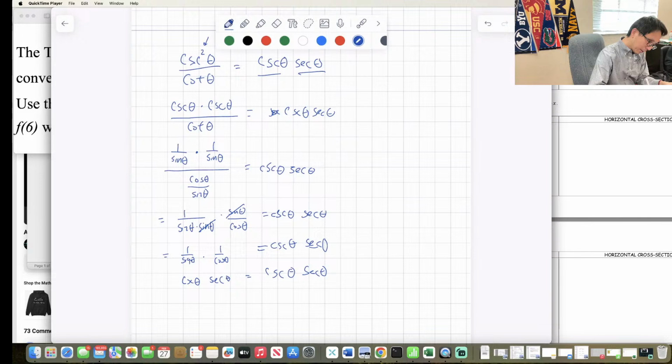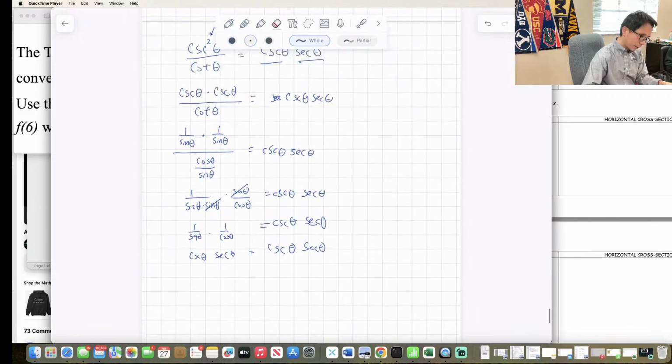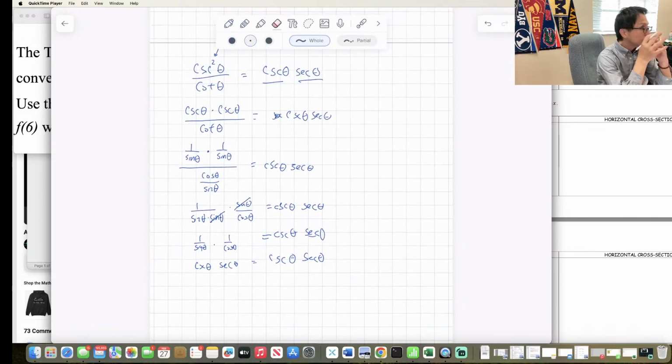So that will be a correct way to write down this proof. How many of you got this one right? Okay, some of you are good.